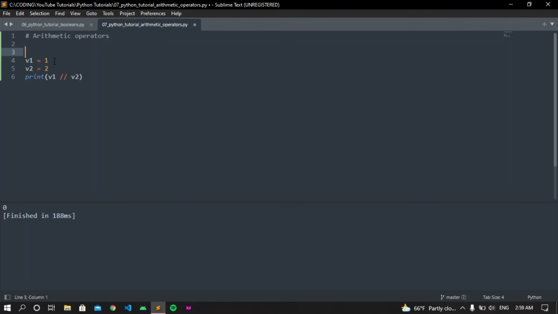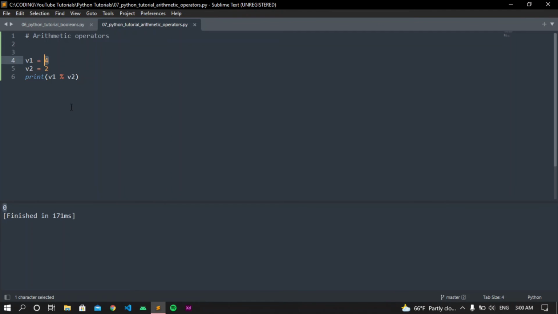If I do v1 modulus v2, I get this value, because 2 only includes 1 of itself, it doesn't include anything else. But for 4, how many 2's are in 4? I should get 2, or just a 0. Well, I don't know modulus that much, so don't pay attention.